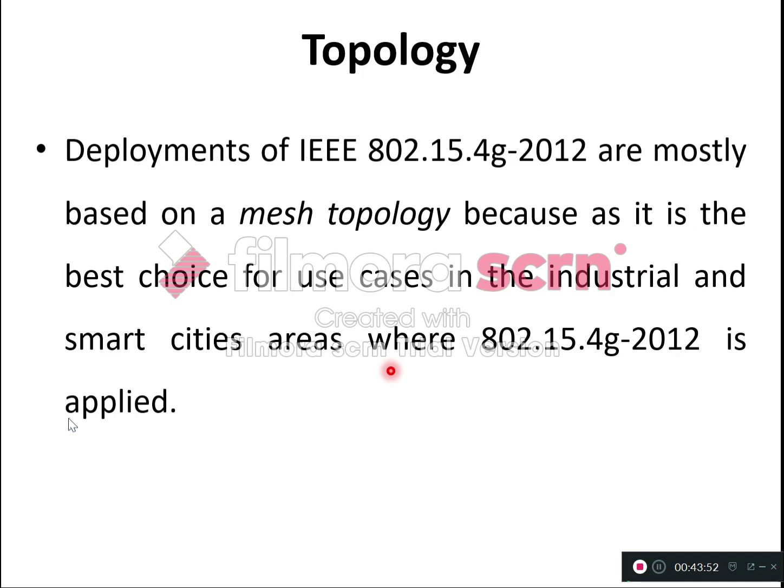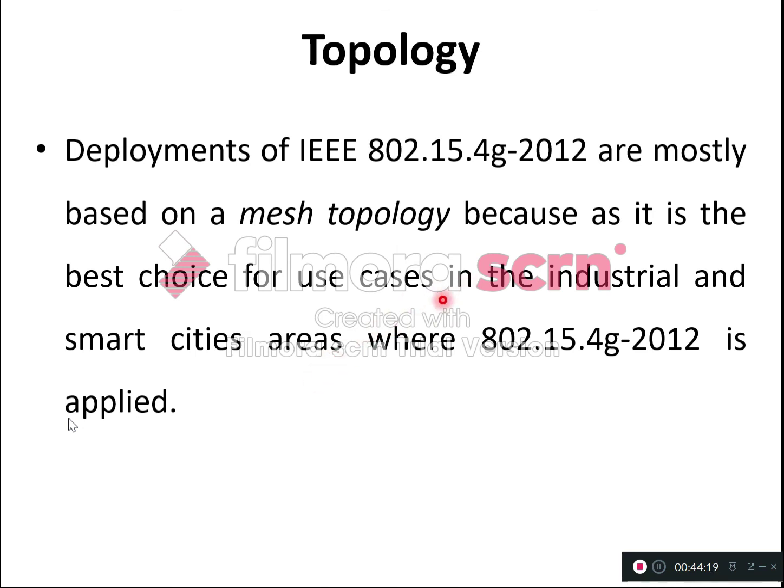Then the topology. So what topology do we use in case of the 802.15.4G 2012 version? Most deployments of the 802.15.4G version use the mesh topology, because it is the best choice for use cases in the industrial and smart city areas.